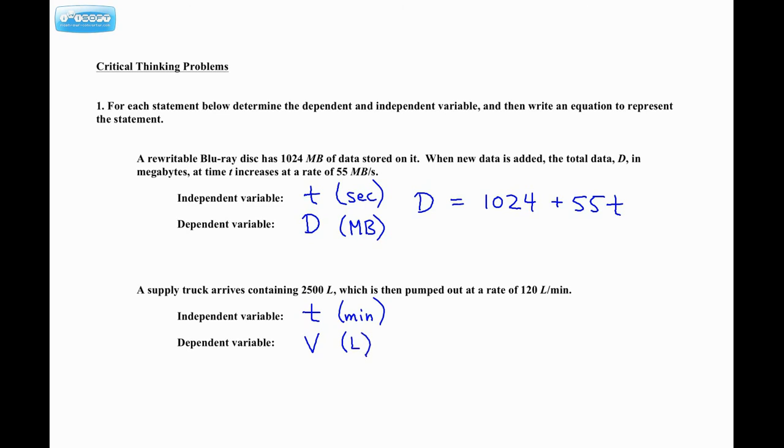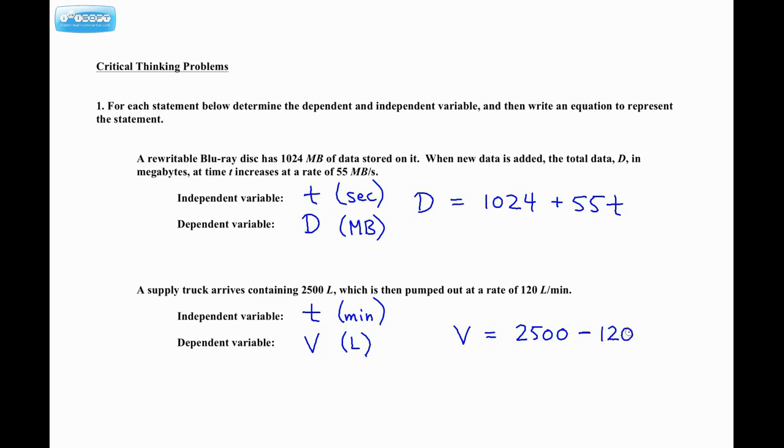So we know that the volume, we originally started with 2,500 liters. But for every minute that goes by, we don't gain, we lose 120 liters. So we actually have to subtract what's being pumped out. So that's why it's a minus. Okay, so for every minute, we lose 120.